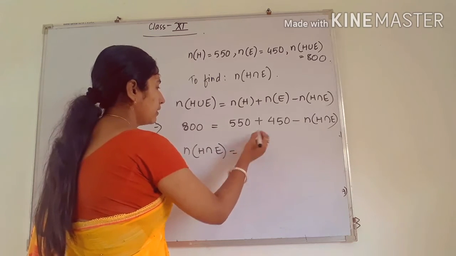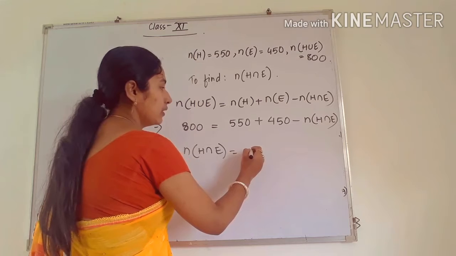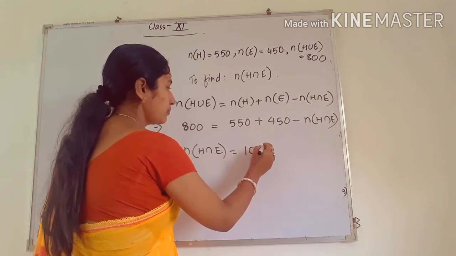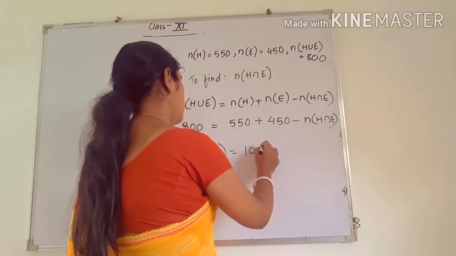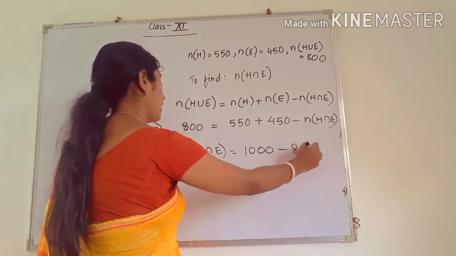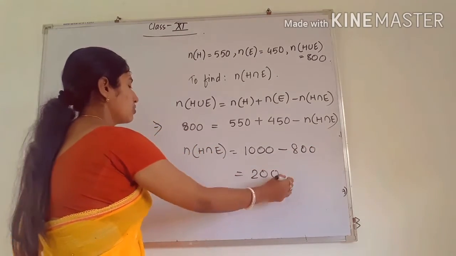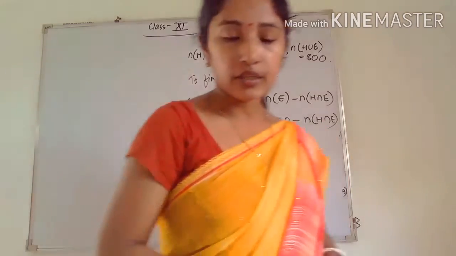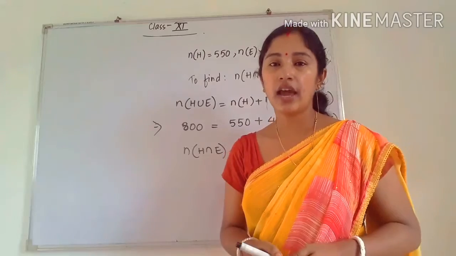This will be 1000 minus 800, that will be 200. So 200 people can speak both Hindi and English.